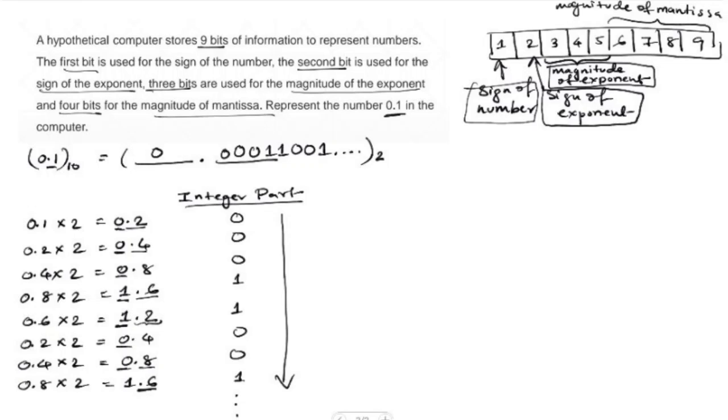Okay, now we have represented the decimal number as an approximate binary number, and what we're supposed to do now is to represent this in floating point representation form, right?